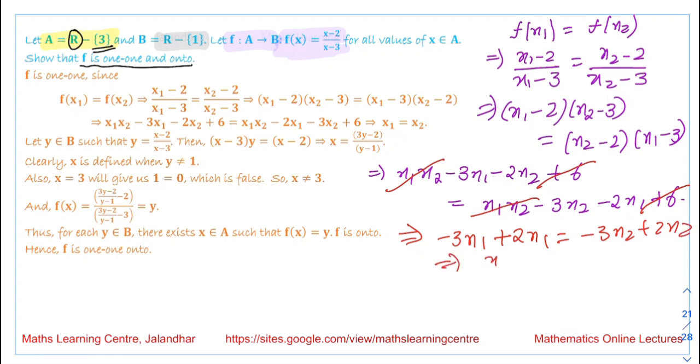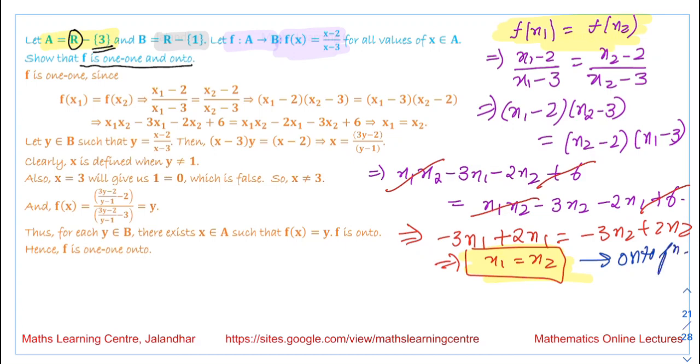So this gives us x1 is equal to x2. So we are saying if f(x1) is equal to f(x2), then this implies that x1 is equal to x2. So what we get is that this function is a 1-1 function.